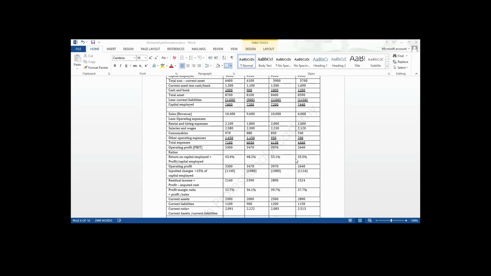The operating profit, instead of 2,640, is 1,640. And that will affect us here then. Yes, sir. And that should affect us here too.